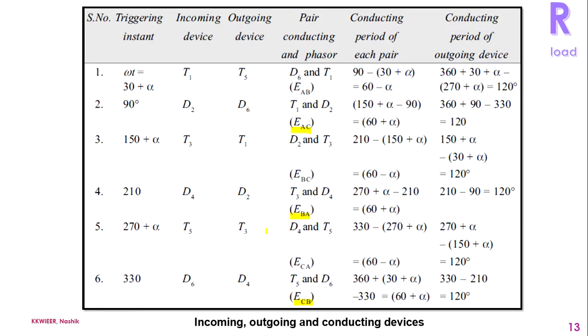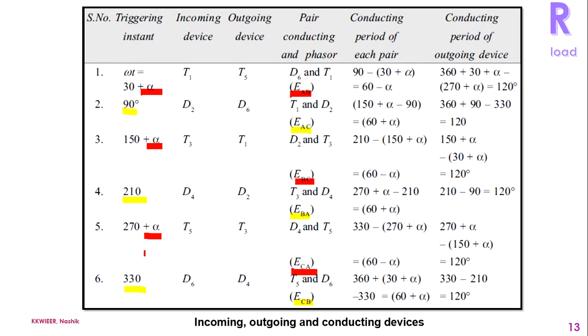start conducting at omega t equal to 90 degrees, 210 degrees and 330 degrees. Whereas the phasors EAB, EBC and ECA start conducting at omega t equal to 30 plus alpha, 150 plus alpha and 270 plus alpha respectively.